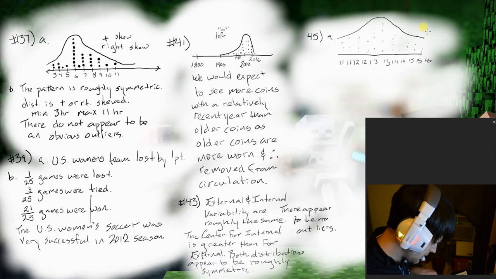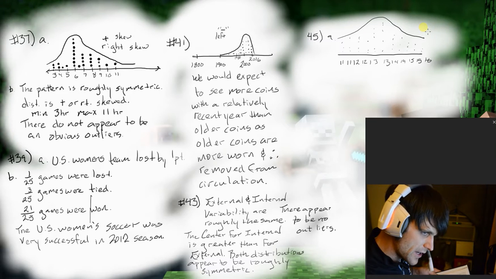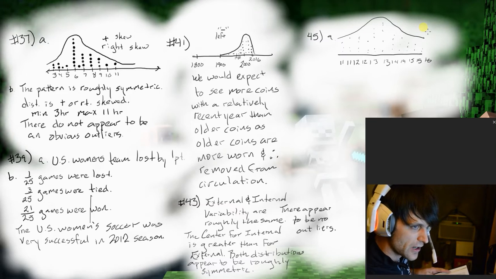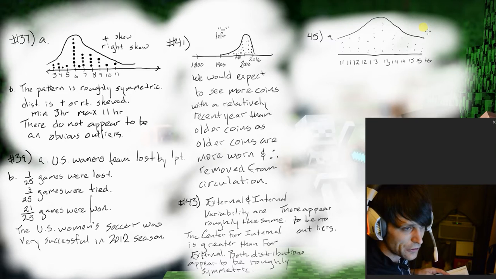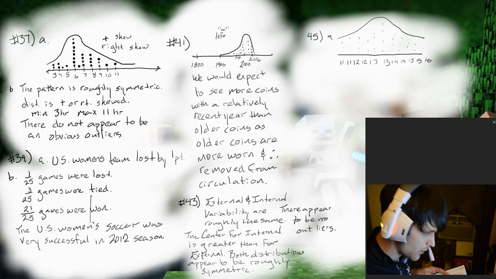So again, the first question A is, why did we split the stems? If we didn't split the stems, most of the data would appear on just a few stems. If we had not split the stem into two 13s, the lower 13s here and the upper 13s here, we'd have all of that data on one stem, and it'd be a less satisfying graph. We'd have less subtlety in our distribution, or in what we could say about the distribution. So that's why it's split.